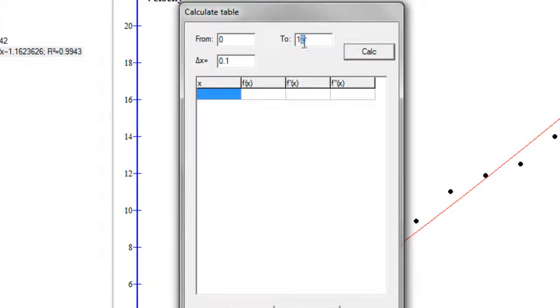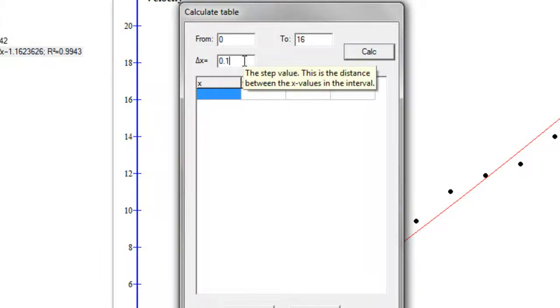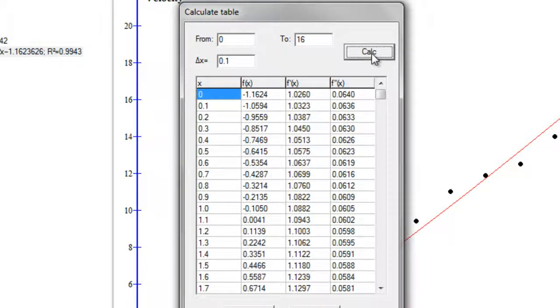First, we have to find the time value which corresponds to a velocity of 10 meters per second. Our first task is to define the range and the interval which is requested. The smaller the interval, the better the results.